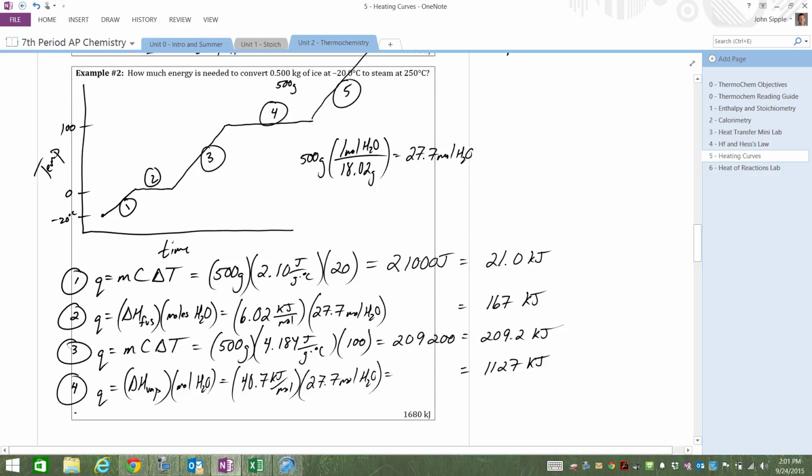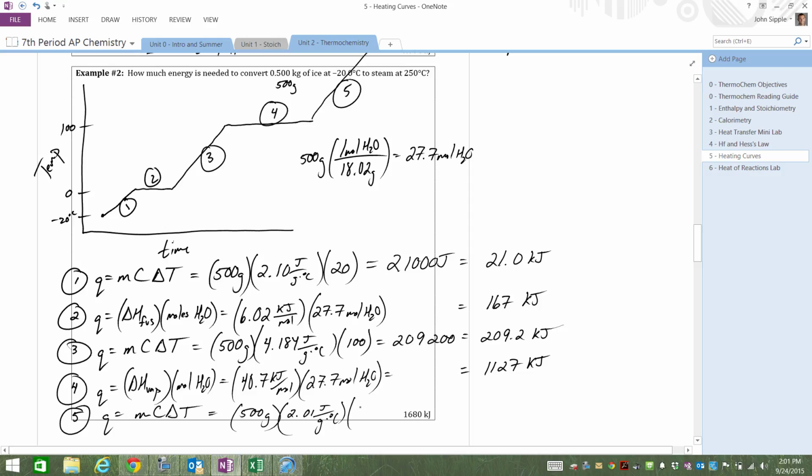All right, the very last one, number 5, another diagonal. So we're using MC delta T one more time. 500 grams. Specific heat of steam is 2.01 joules per gram degree Celsius. And we're going all the way up to 250 degrees Celsius.